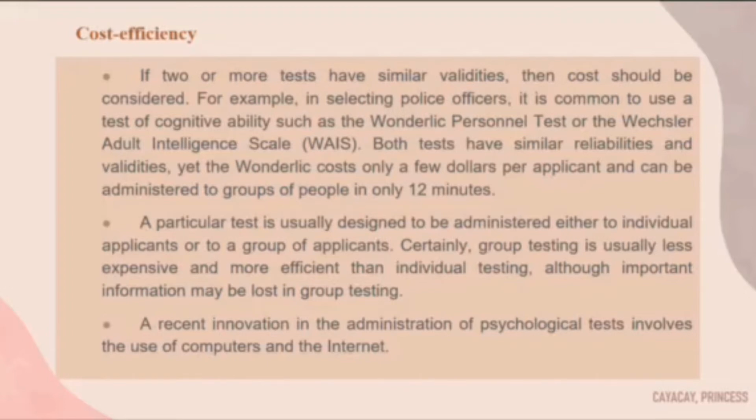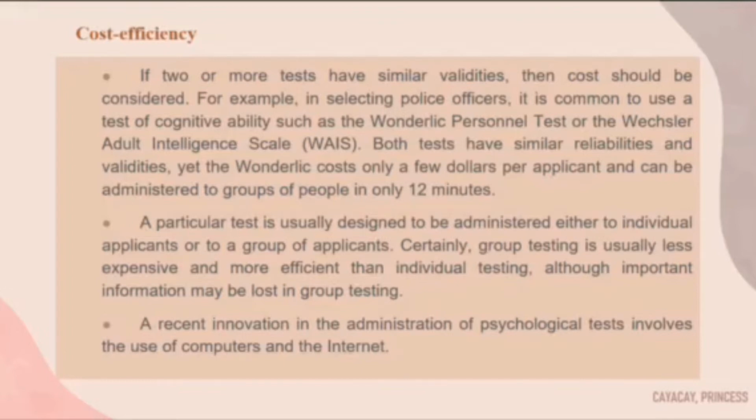A particular test is usually designed to be administered either to individual applicants or to a group of applicants. Certainly, group testing is usually less expensive and more efficient than individual testing. But then, there is a possibility that the most important information can be lost in group testing.